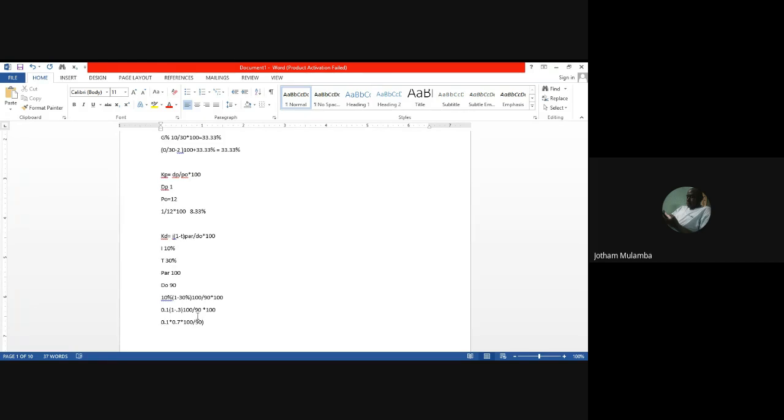So I have simplified this. You can place it on your calculator, then multiply by 100. Place it on the calculator, then let's see the figure we get. So anybody who has the answer?